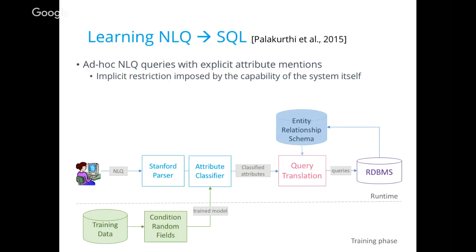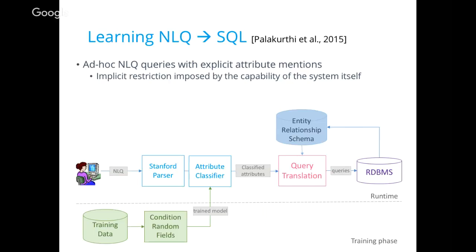Then once everything is classified, it just utilizes the ER schema and some deterministic templates to do query translation. Because it's doing classification, even though it's using a parser, it does not have any predefined NLQ grammar. So it can map an arbitrary NLQ query into corresponding attribute mentions.